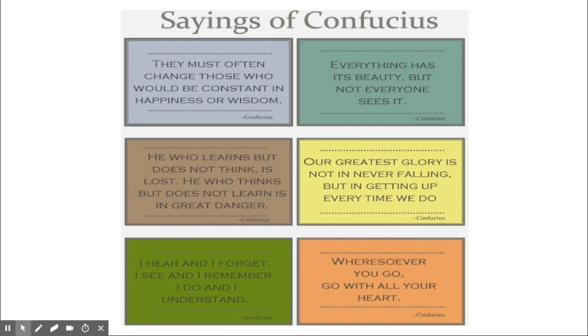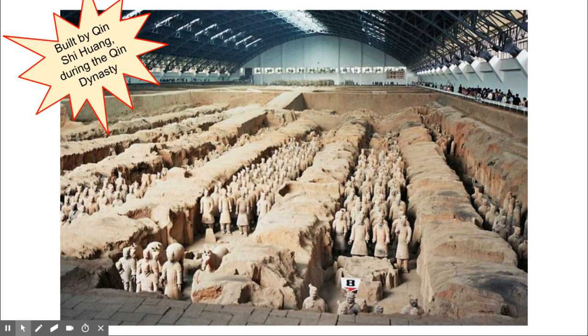Or our greatest glory is not in never falling, but in getting up every time we do. Or I hear and I forget, I see and I remember, I do and I understand. And wherever you go, go with all your heart. All those are kind of attributed back to Confucius.